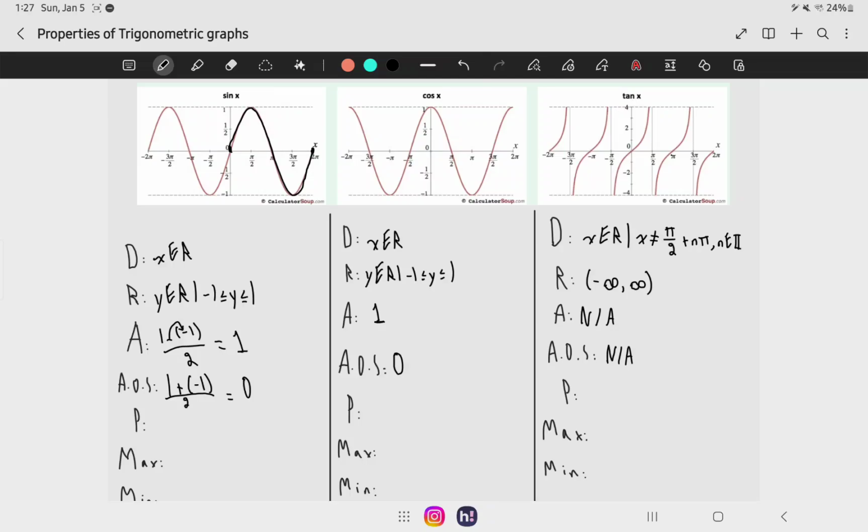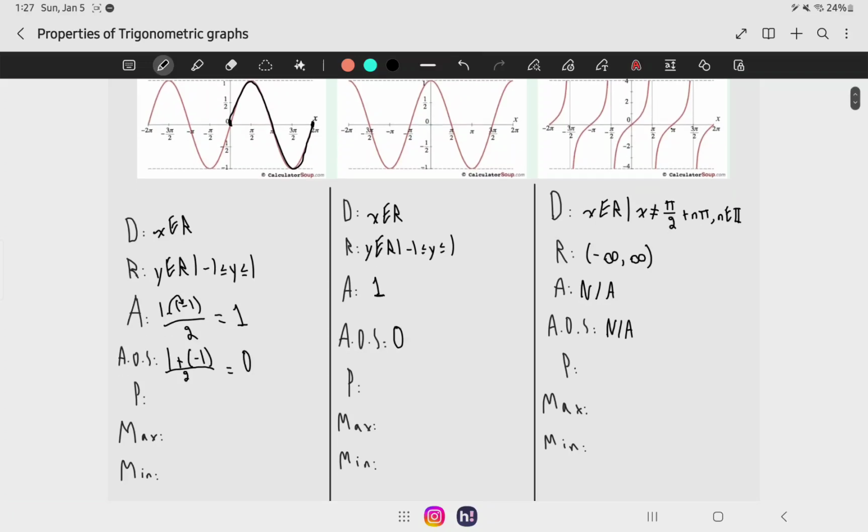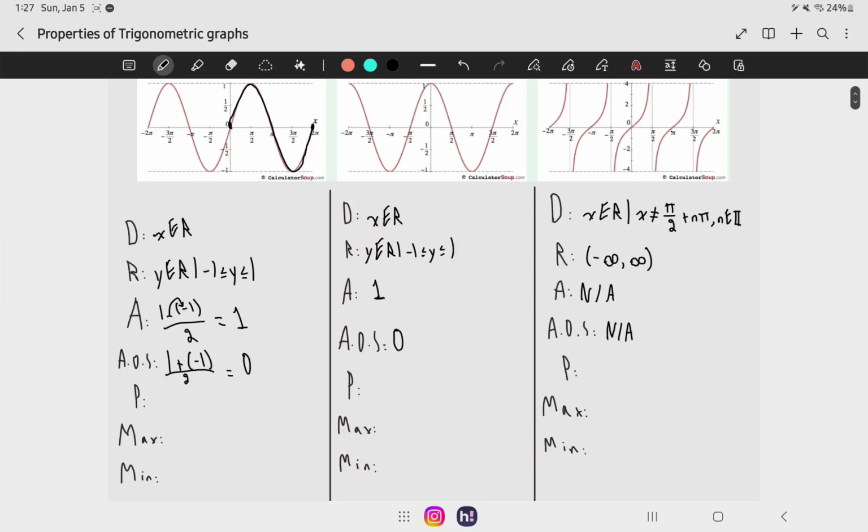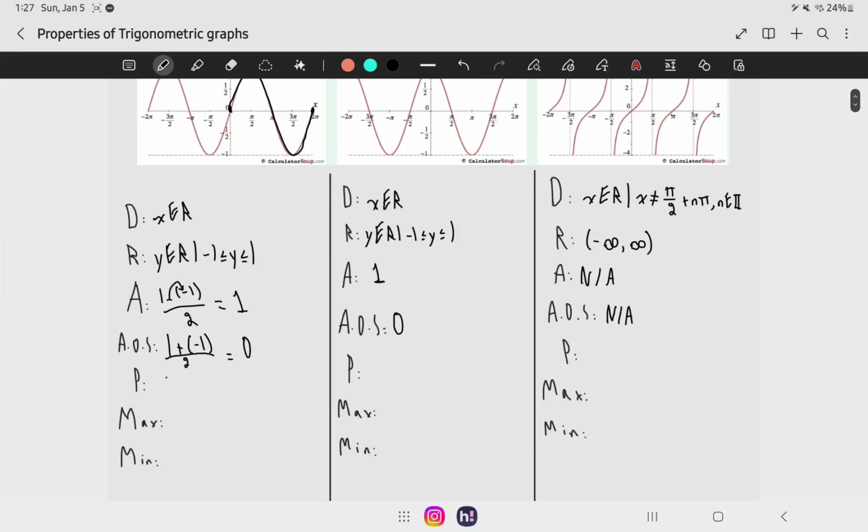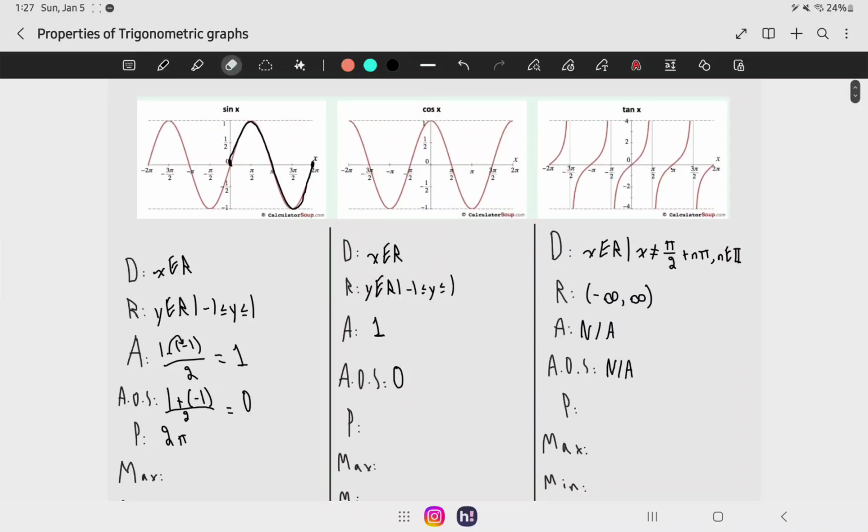So this black line that I drew here means that for every 2 pi, there's going to be one full cycle. So the period is 2 pi, because it takes 2 pi to complete one full cycle. So let's just put 2 pi for the period. But you don't have to look at it at that point. You can look at any point that will eventually end up back where it started.